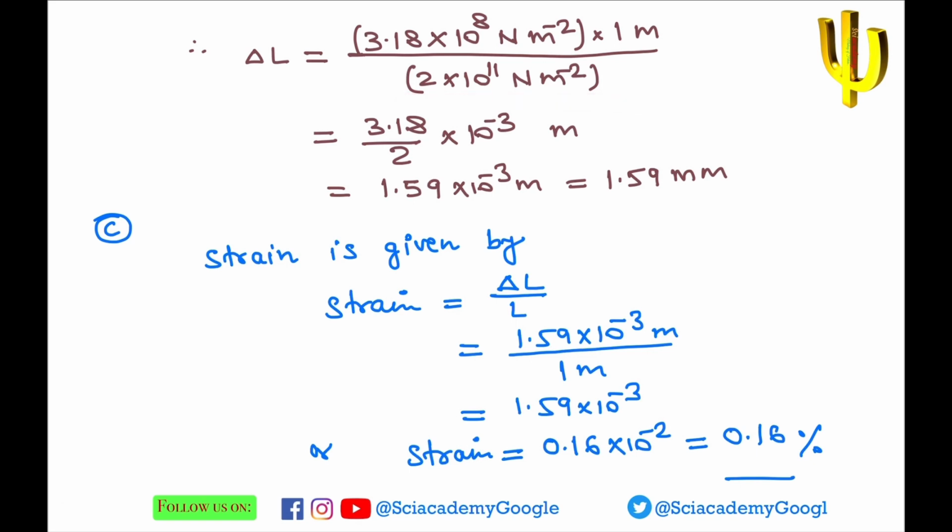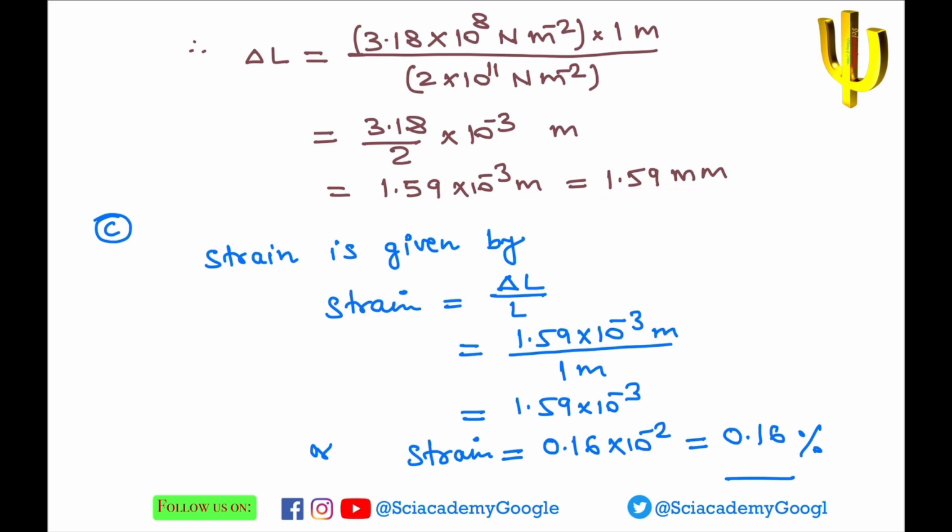Therefore we get this step, and we obtain the value of delta L equal to 1.59 into 10 to the power minus 3 meter, that is equal to 1.59 millimeter. So this is part 2, elongation in the steel rod due to the applied force.